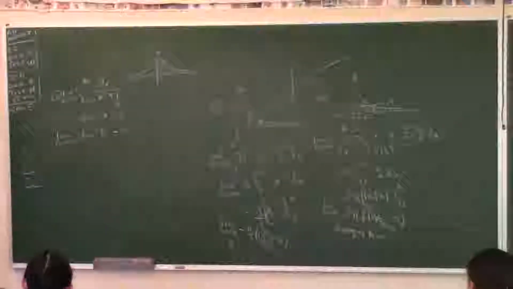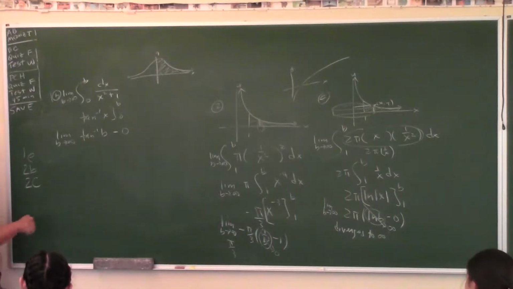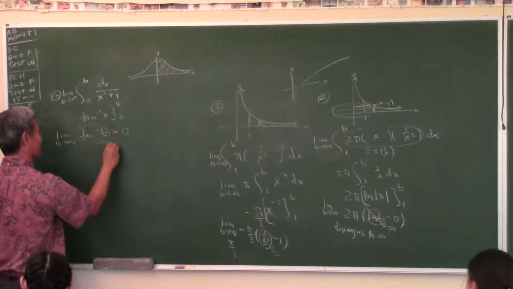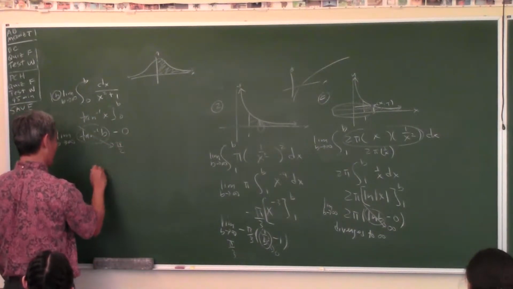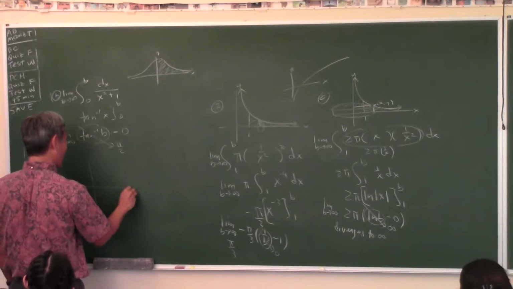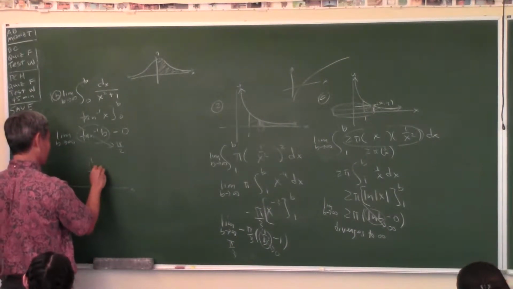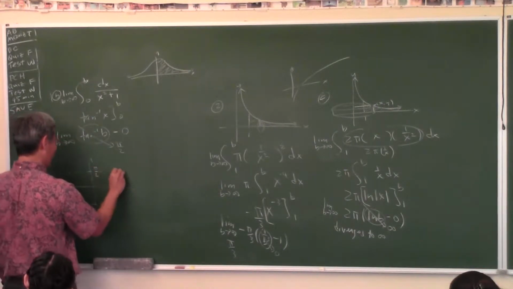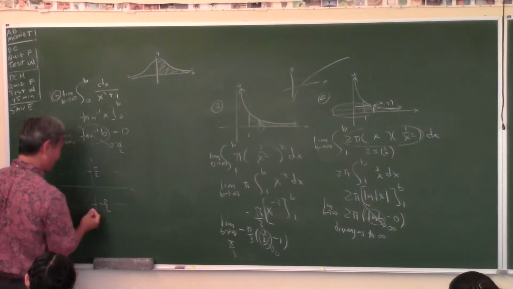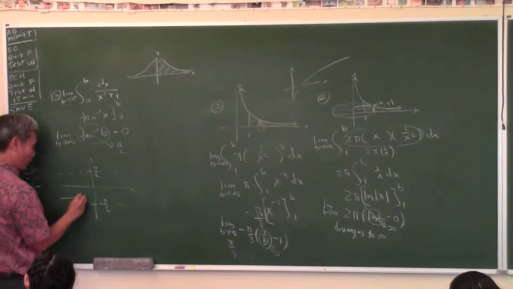So what does this get closer to? How do you know? The graph, that's right. Remember the graph we did? If I draw the graph for you, you're going to get it. This is what the graph of tan inverse looks like.